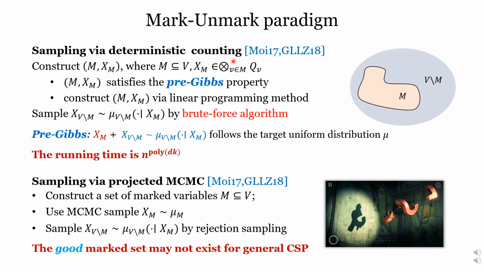The approach first constructs M and X_M, where M is a subset of V and X_M is an assignment of the vertices in M. Here, M and X_M should satisfy the pre-Gibbs property, such that, given X_M, one can recover the target distribution mu by sampling the assignment of the vertices in V minus M according to the conditional distribution mu of V minus M conditioned on X_M. Usually, X_M is constructed by linear programming, and X of V minus M can be constructed by a brute force algorithm. The total running time of this approach is n to the poly(d).